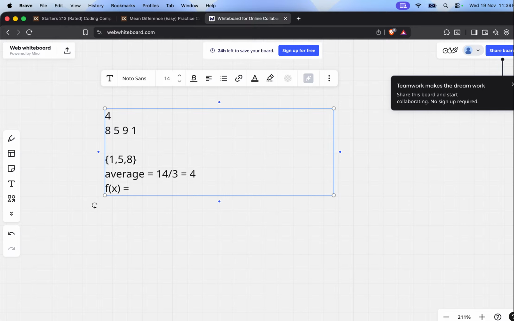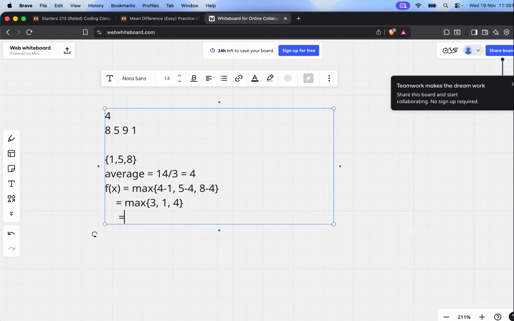And now FB is the max of all these values. What are the values? 4 minus 1, 5 minus 4, and 8 minus 4. Max of 3, 1 and 4, which is equal to 4.